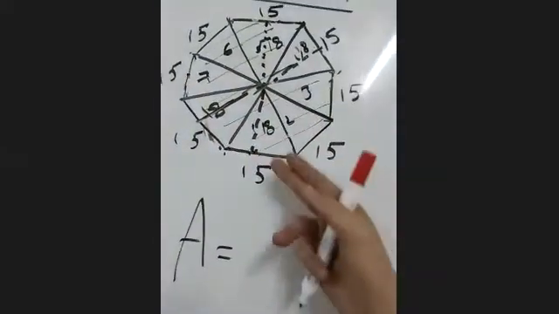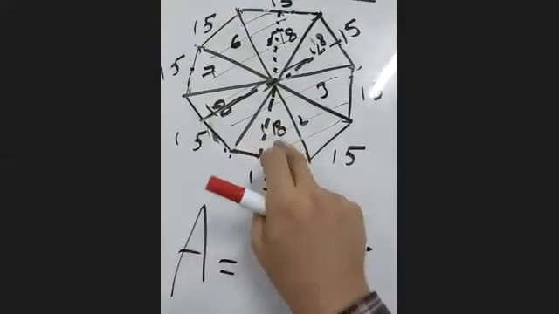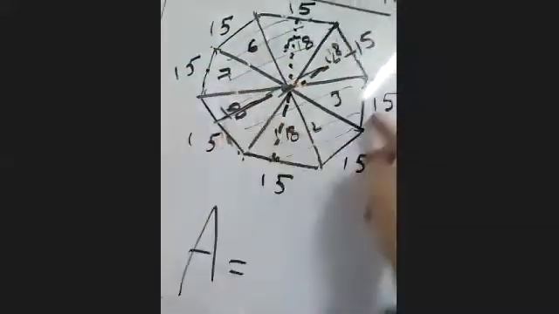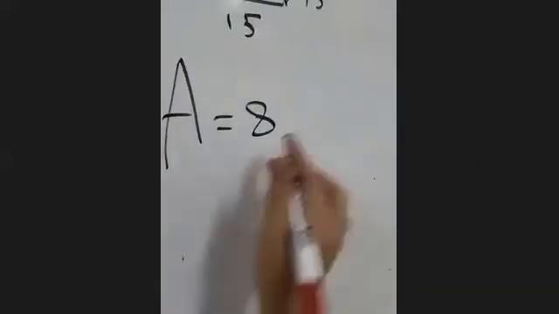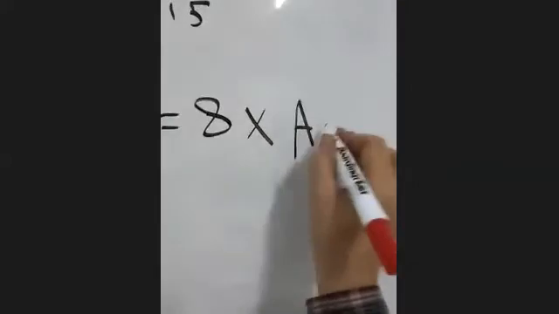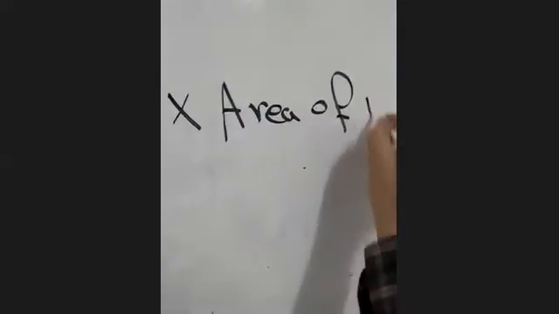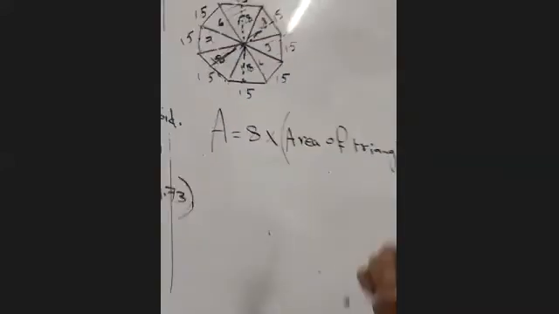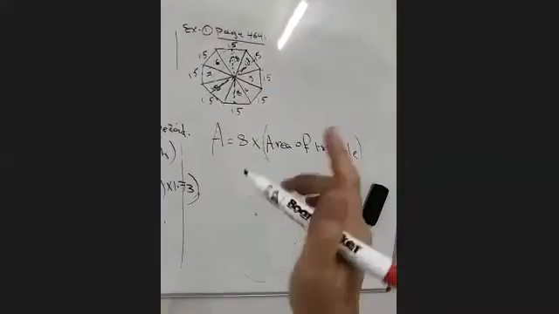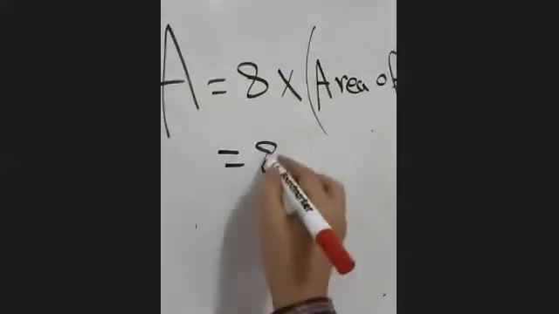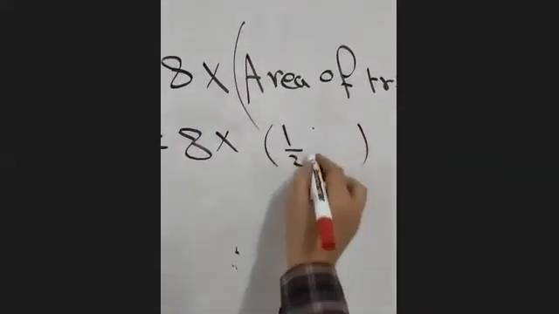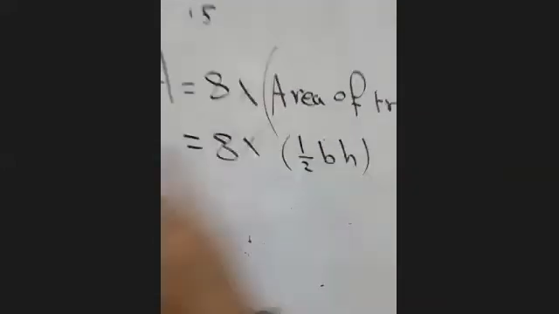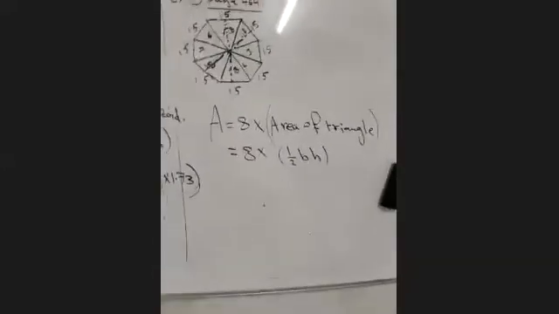So in place of finding the area of each triangle, then adding them all, we can say we have 8 triangles. 8 multiply half, the area of a triangle. Got it? What's the area of a triangle? The formula half BH. We took it, right?